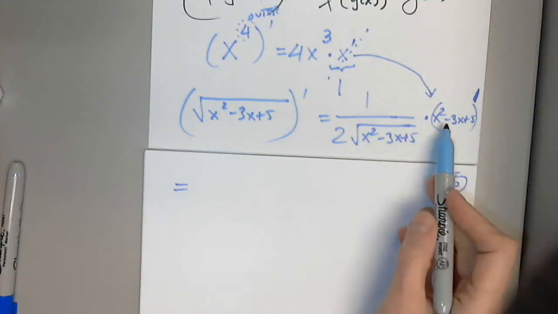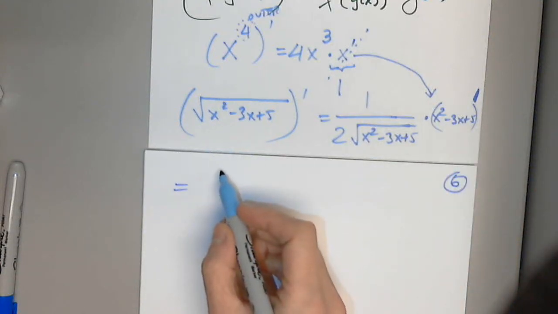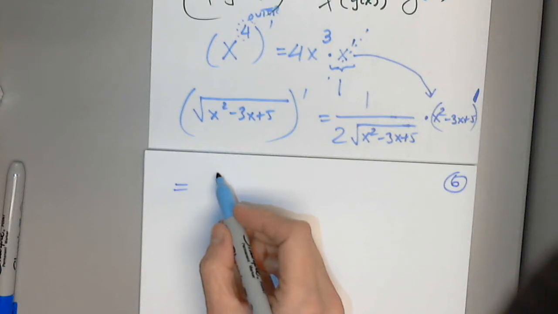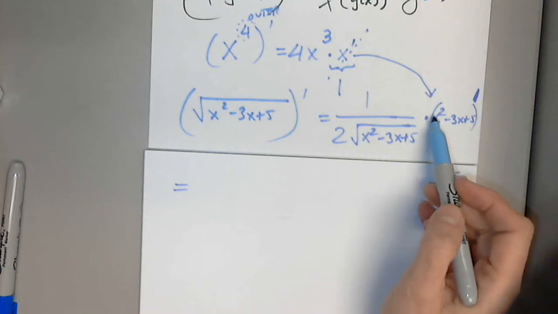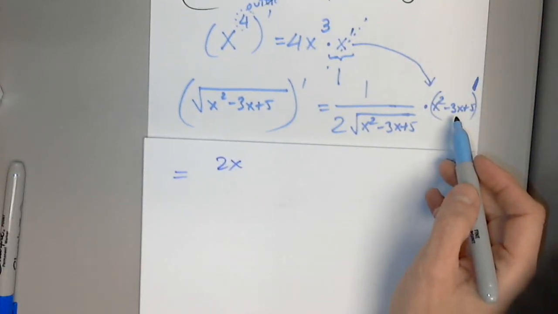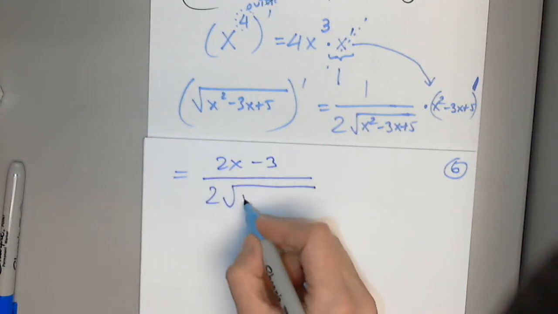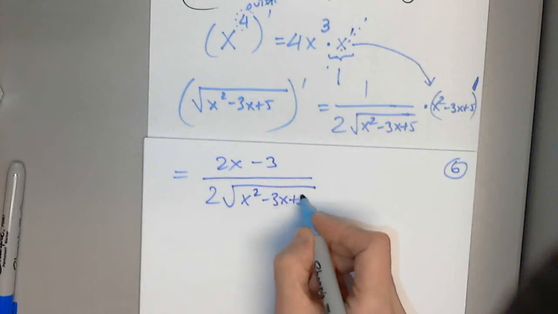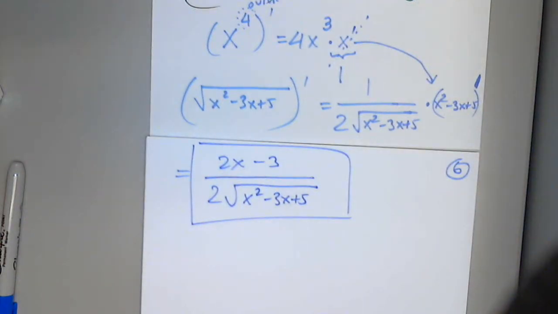So when I differentiate x squared minus 3x plus 5, what do we get? Bring down the power. What do we get when we differentiate x squared? 2x. What do we get when we differentiate negative 3x? Very good. Divided by 2 the square root of x squared minus 3x plus 5. And this is the final form of the derivative of that.